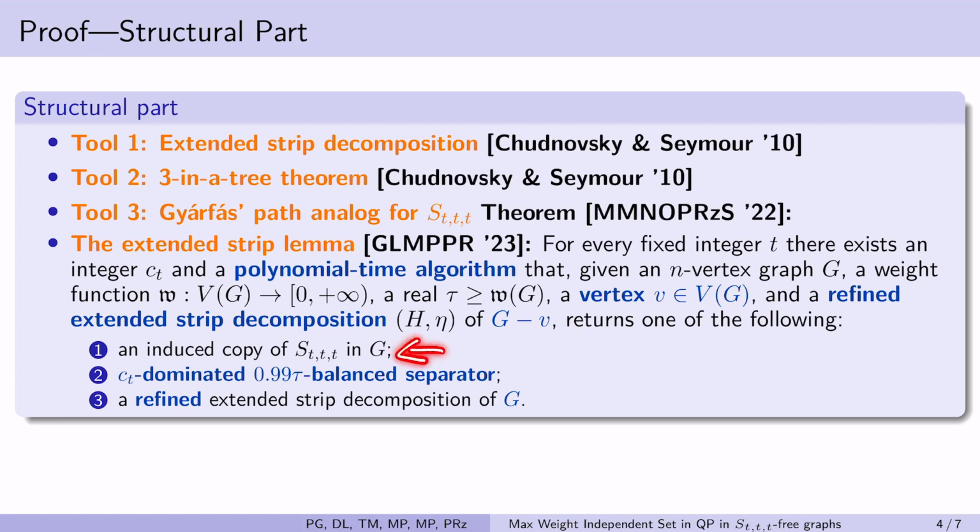Either we find an STT, or we find another good outcome for our algorithm that we will discuss at the end, which is a dominated balanced separator, dominated by some small number of vertices and balanced, which is also a very good outcome. Or we are able to add v while still keeping the property of a refined extended strip decomposition.